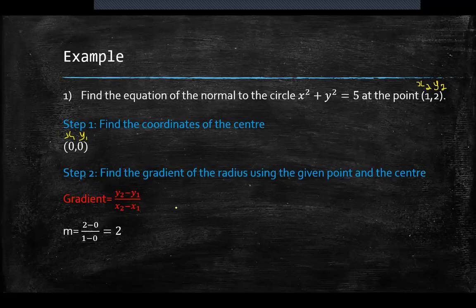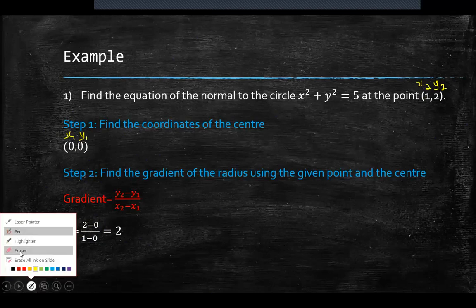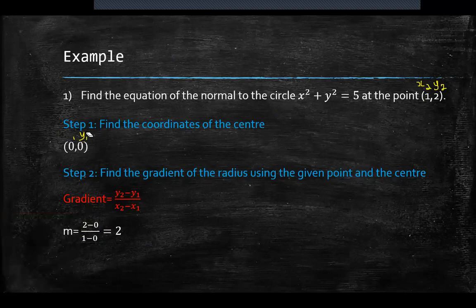So that's why I have y2, which is 2 in this case, 2 minus y1, which is 0. So 2 minus 0 divided by x2, which is 1, minus x1, which is 0. 2 minus 0 is 2, 1 minus 0 is 1, and 2 divided by 1 is 2. So the gradient is 2. That's the gradient of the radius.